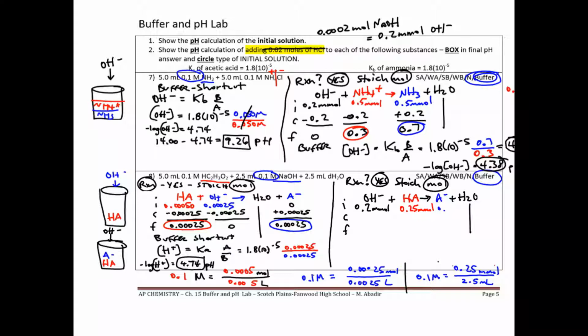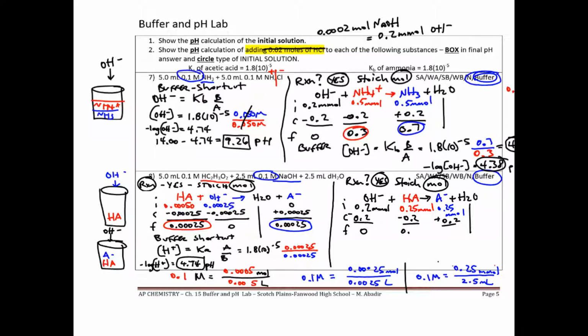This one is 0.25 millimoles. I'm going to subtract the 0.2, which is the limiting reagent, minus 0.2, plus 0.2. So when I'm all done with this, I'm going to have 0.3, or rather 0.0.